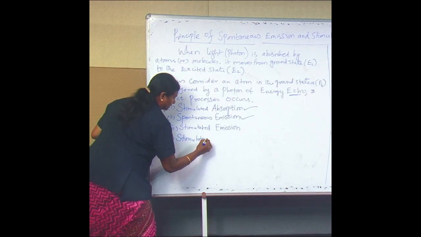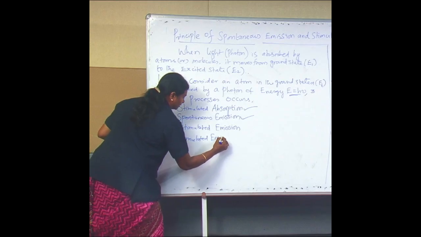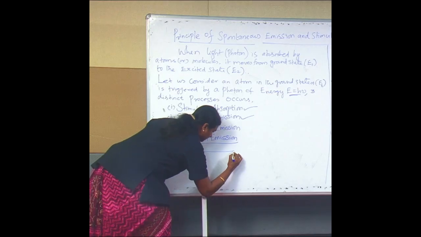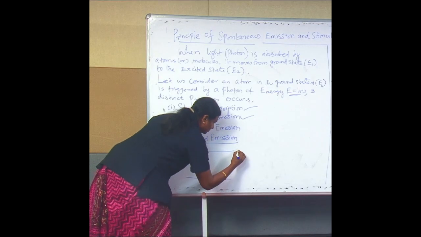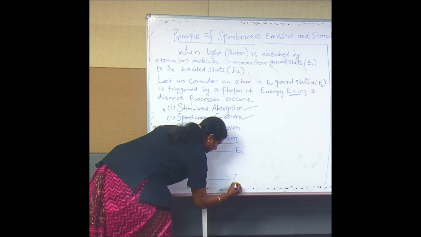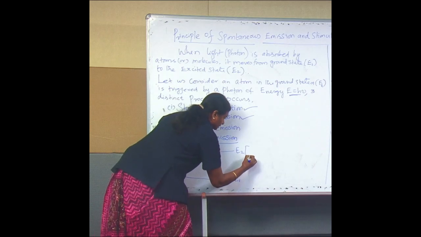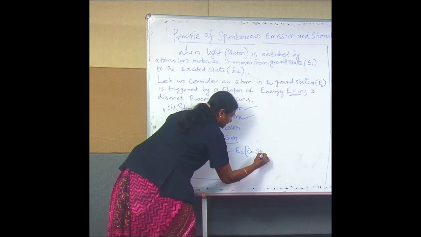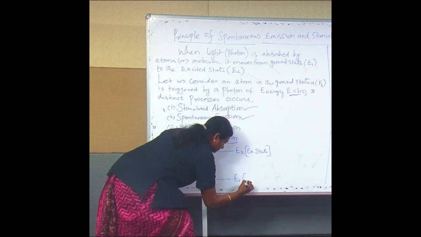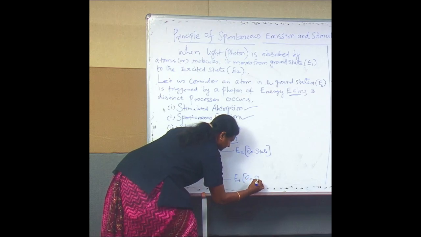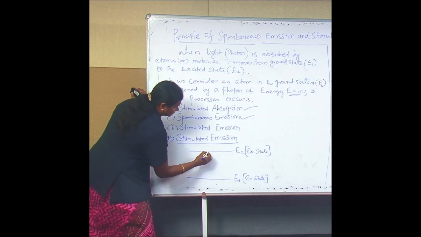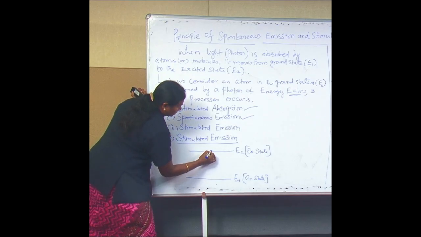Stimulated emission. Again, we have to consider the two energy states. One is E2 and here E1. This is our excited state, and here we have the ground state. Very simple. Here I am considering an atom again.